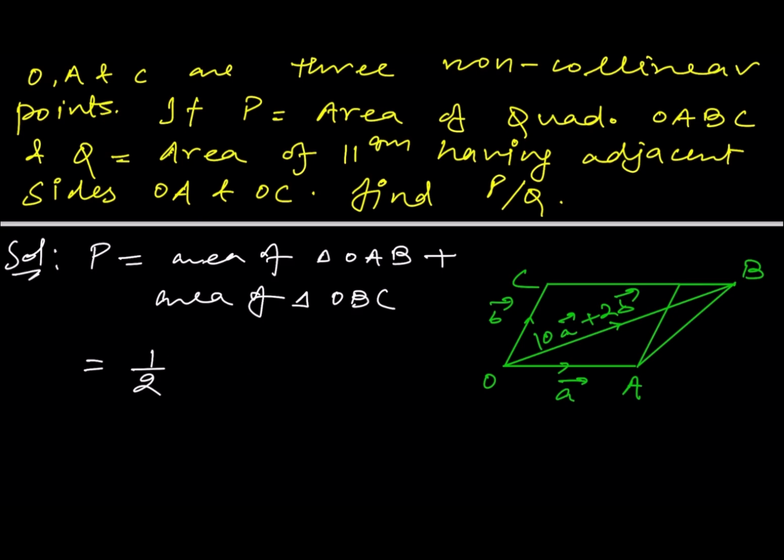So write in this manner first, half OA cross OB, and we want simply area, so we will take mod. Similarly, the area of triangle OBC is half mod of OB vector cross OC vector, right?